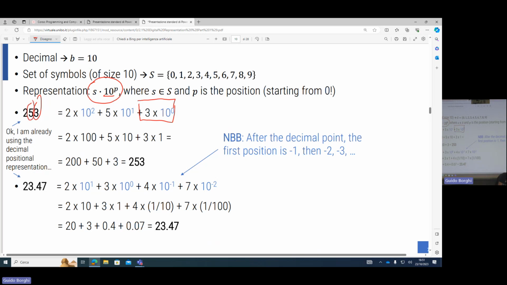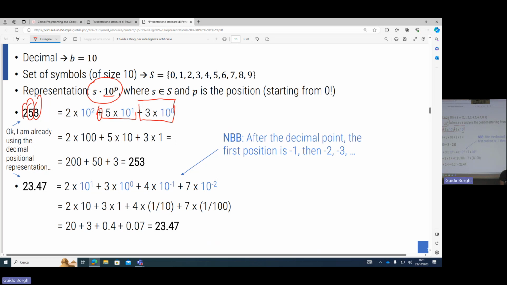Second element, 5. Symbol 5 times 10, decimal positional representation, to the second position, which is the number 1. So the representation is 5 times 10 to 1. We group all these representations with the sum, of course, since we have to add all these components to obtain the final value.